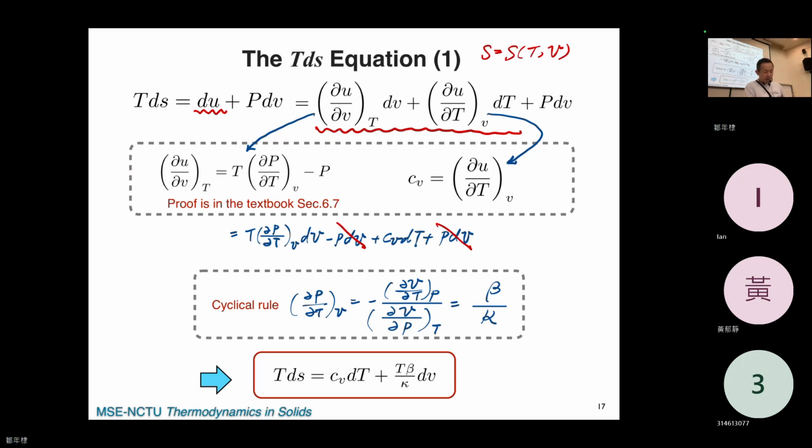You remember this beta and kappa from review 1, right? They are actually the measurable properties. So if you substitute this here, you can see TdS equals CV dT plus T beta over kappa dV. That's how we obtain the first TdS equation.